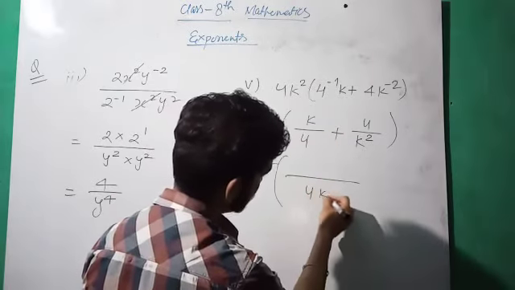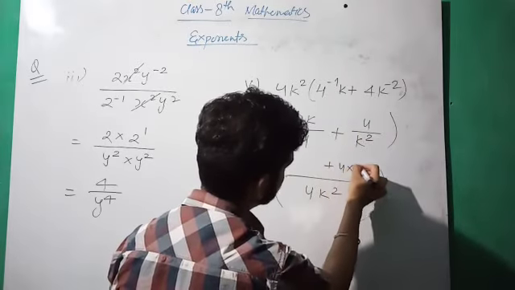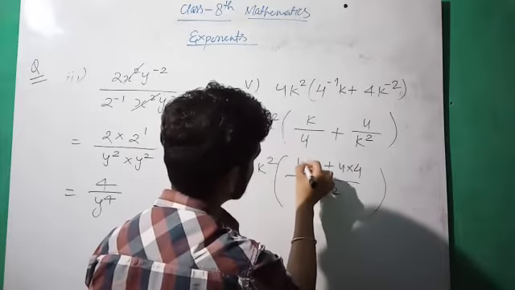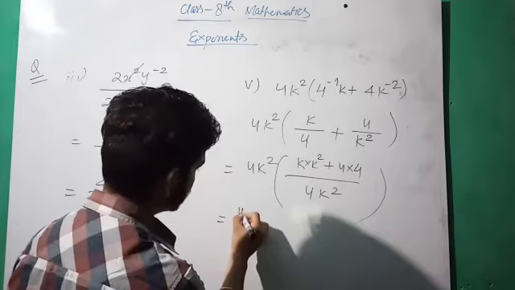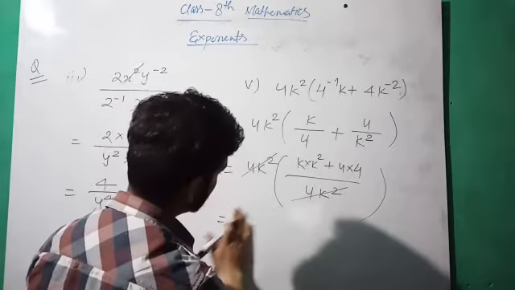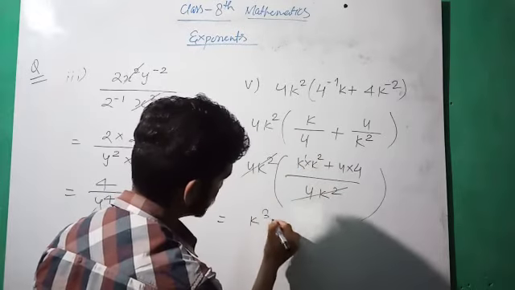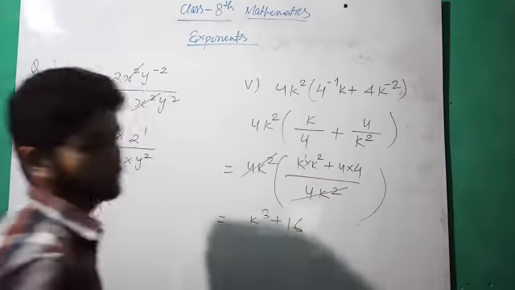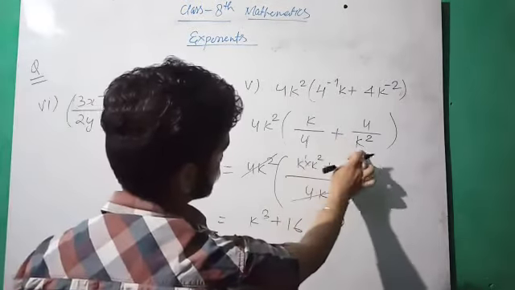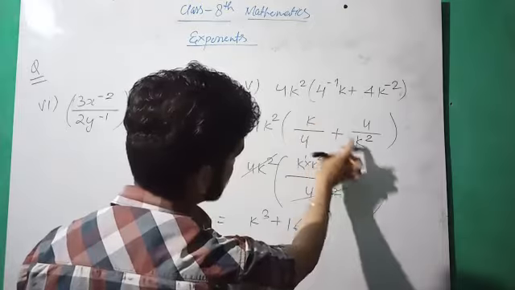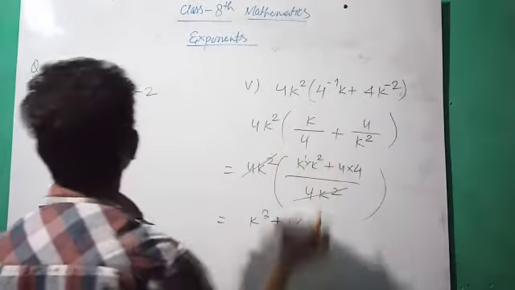Now multiply it with this 4 into 4 and here k into k square. 4k square cancels with this 4k square. Now we have k to the power 1 plus 2, so k to the power 3 plus 16. In this question we take LCM so that we can multiply this k by k square and 4 by 4.